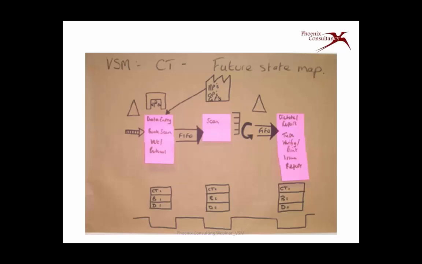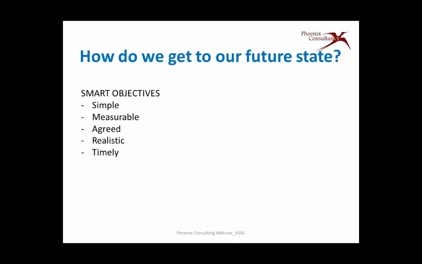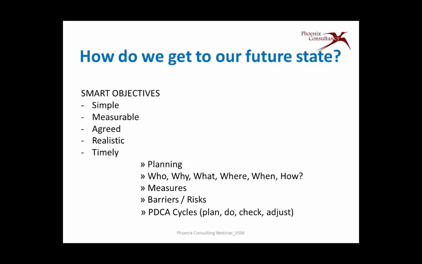So for you on this course, transposing these into your A3s lends to defining your action plan. And remember to document your plans with the who, what, where, when, how, your agreed measures of success, and any identified barriers and risks. Also remember that your improvement should be built on repetitive PDCA cycles.